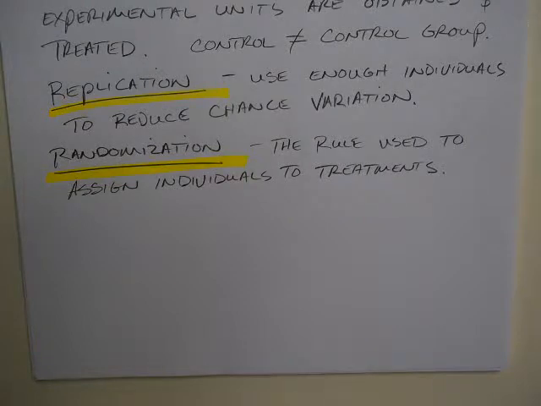I would assign everybody a number or put everybody's name in a hat, mix it up, and then I would randomly choose my smoking group, and then whatever's left would be my non-smoking group. So hopefully I wouldn't get too many of those closet smokers in my non-smoking group, because it'd be like, yes, you're going to pay me not to smoke, and I'm going to smoke anyway, right? So does that make sense about randomization?